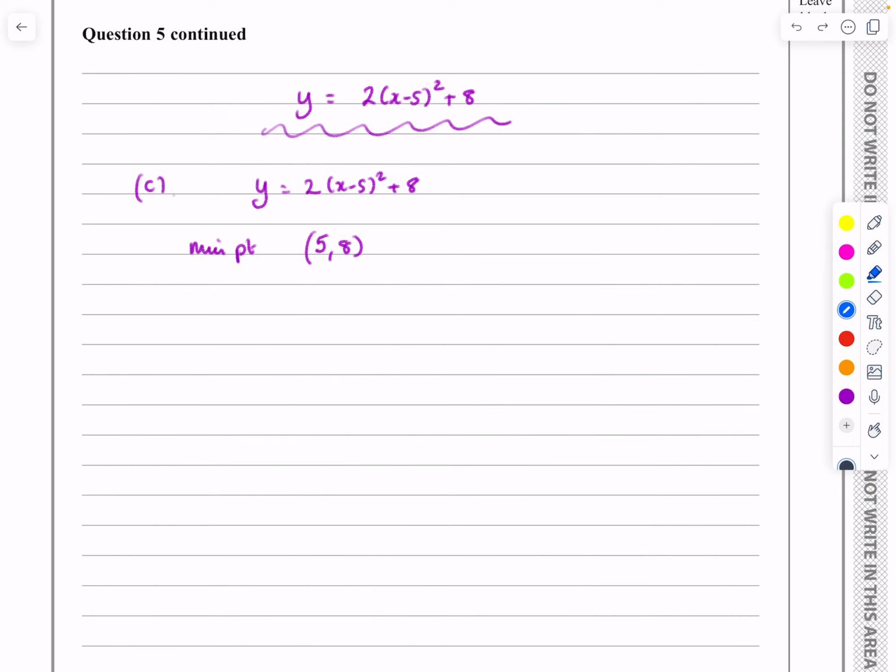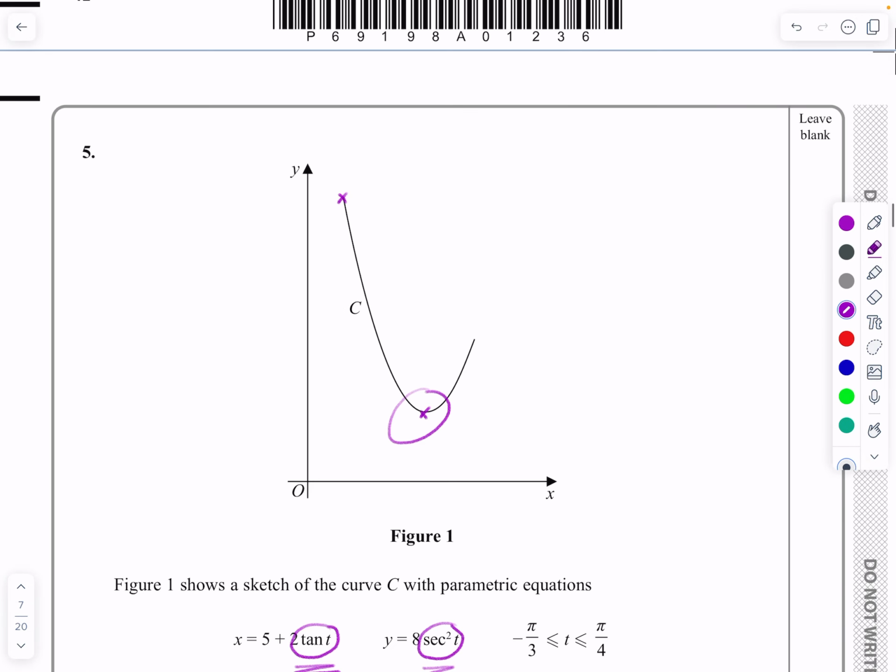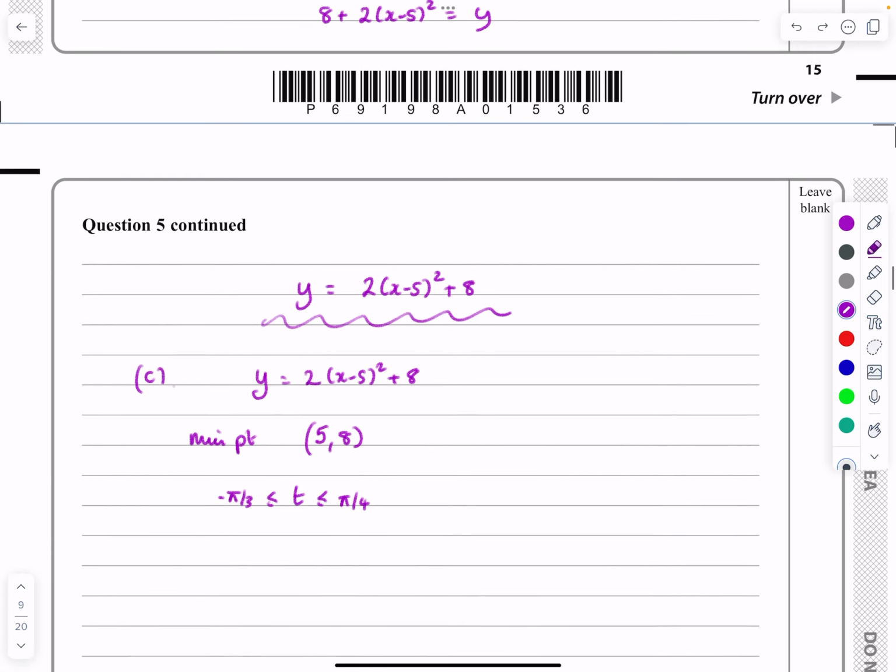If we want to work out the maximum value, we've got t was from pi over 4 to minus pi over 3, and one of those is going to give me this maximum value here. So we don't know which one it is. You can just substitute both of them.